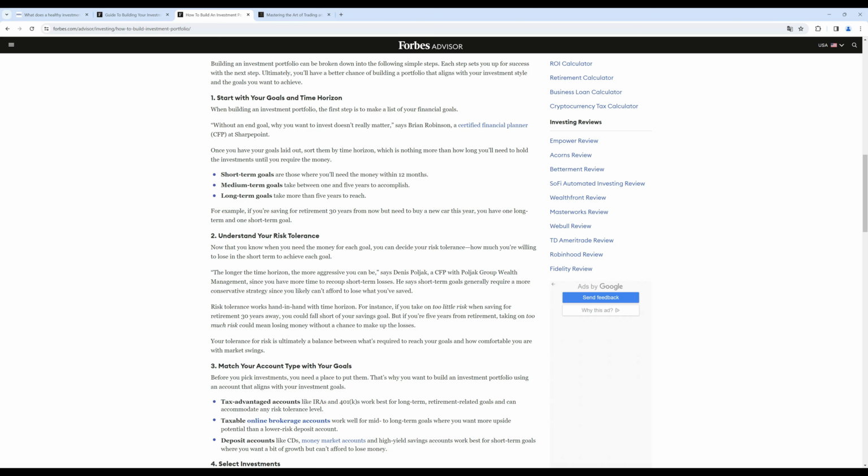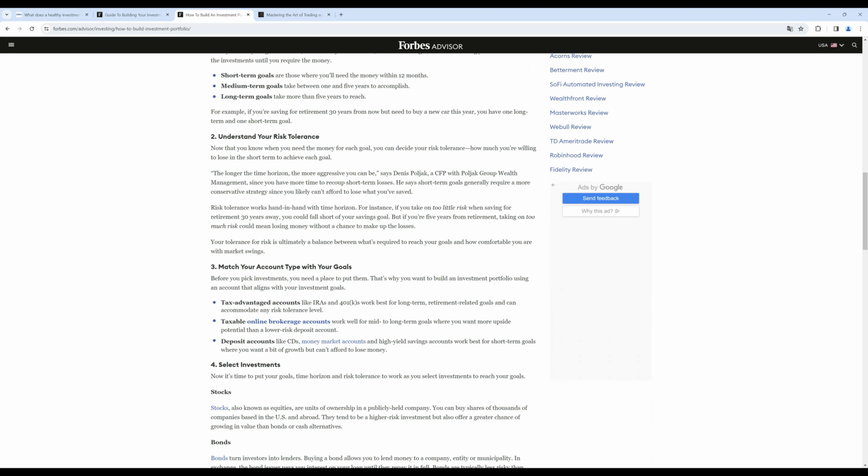So remember that constructing and maintaining an investment portfolio is a personalized journey. Continuously educating yourself on different investment options, staying updated with market trends, and being adaptable are key traits for successful portfolio management.